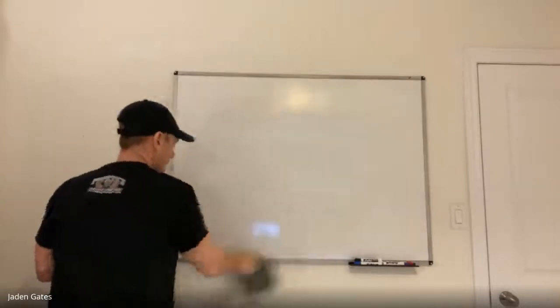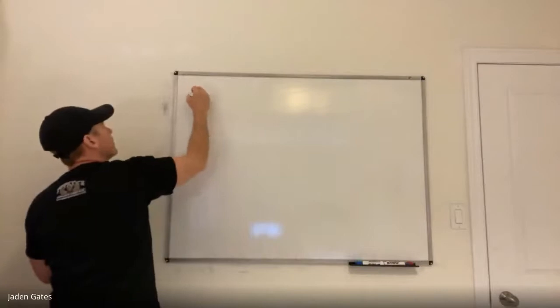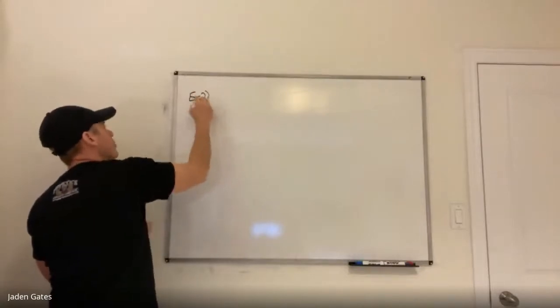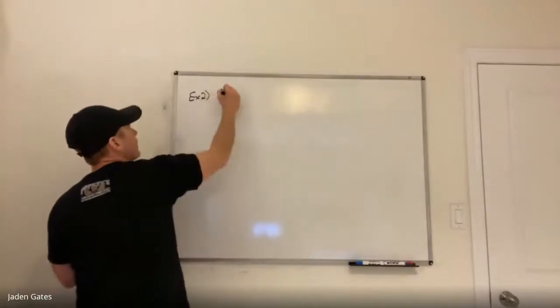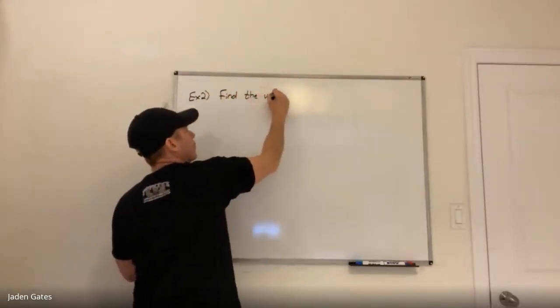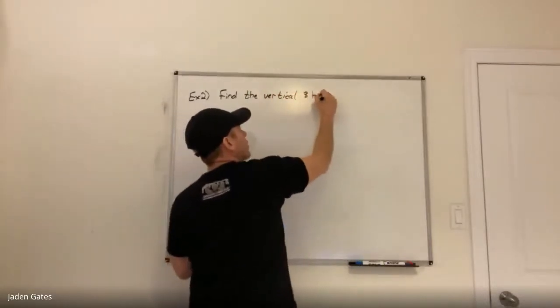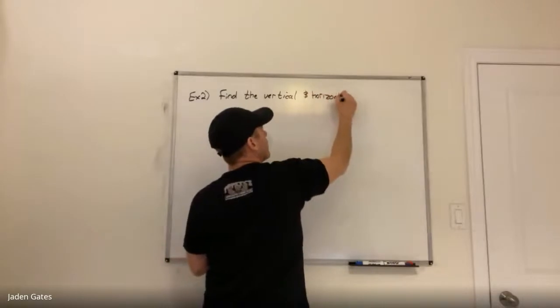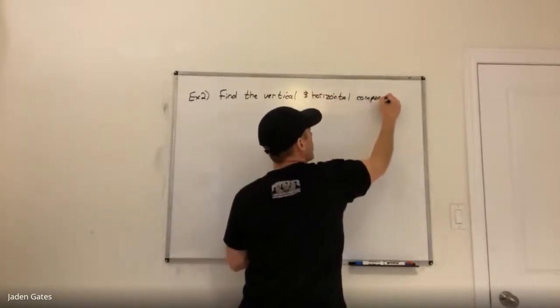All right, so example 2 is we're going to find the vertical and horizontal components of that vector I just drew.